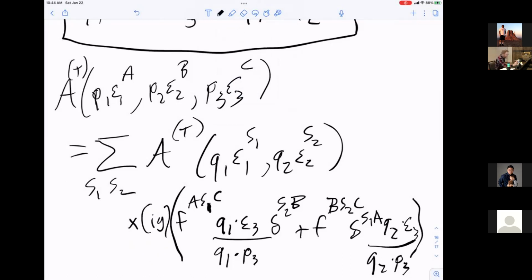So F are my structure constants for my gauge group. It's kind of nice. I'm seeing my original configuration back. This is being multiplied by the tree level amplitude of my H going to just these two gluons. But now it's being multiplied by this weird factor that I wrote down, which is my eikonal factor.